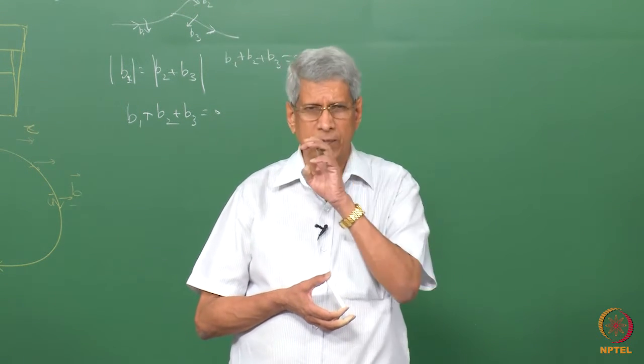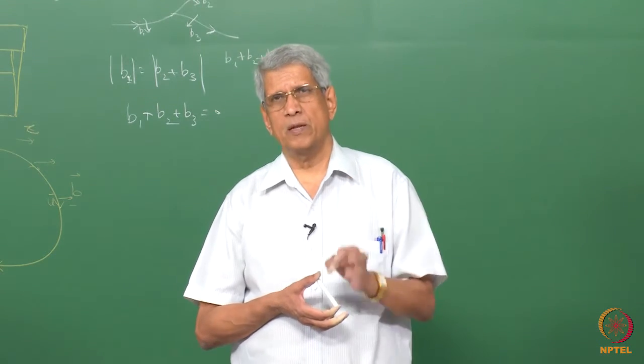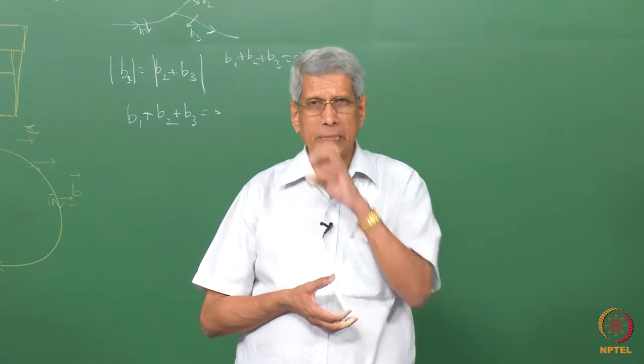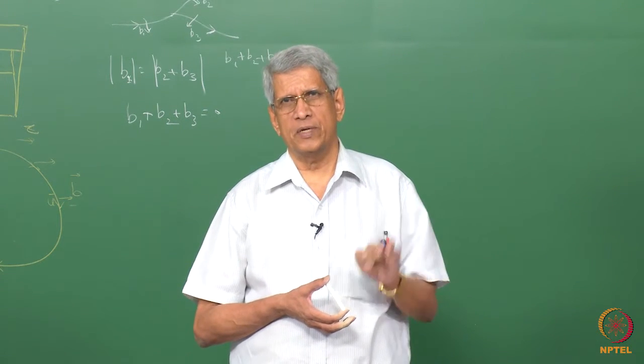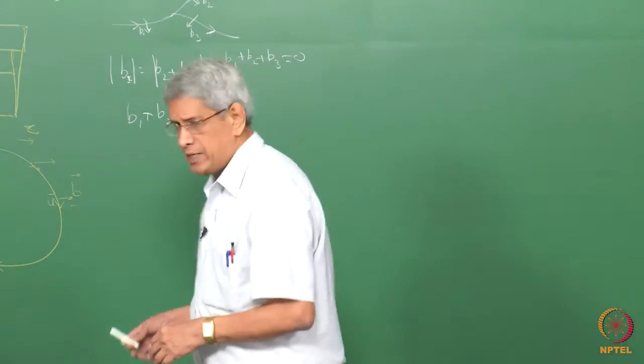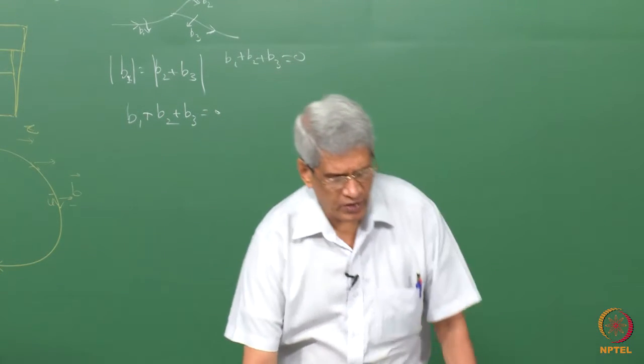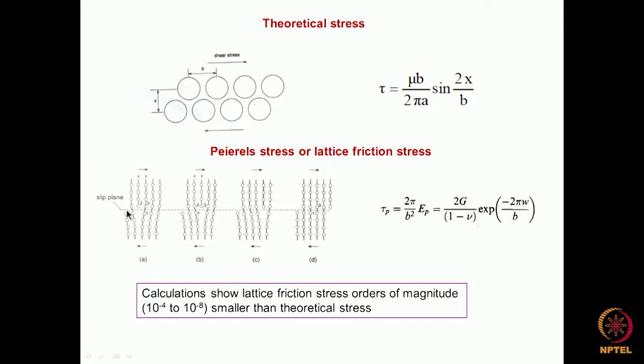There are some subtle differences that some books make between a slip plane and a glide plane. The glide plane is the plane in which only a single dislocation moves, especially in this specific case. When more dislocations are moving in this plane, the terminology used is slip plane.